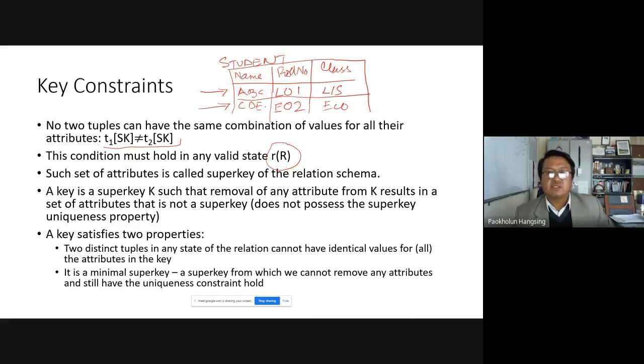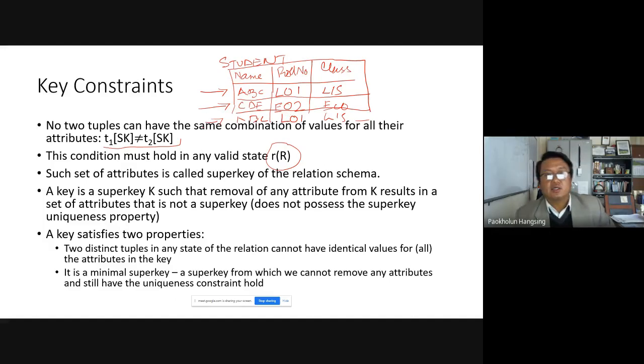For example, if I put it here, ABC, L01, LIS, and the third row and the first row are the same, then I'm violating the key constraint.